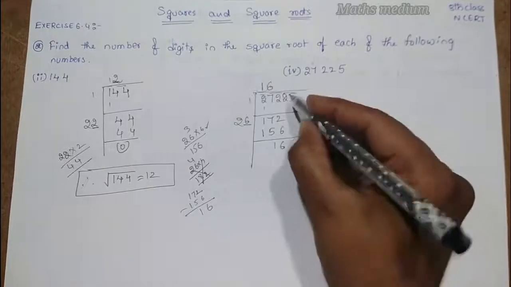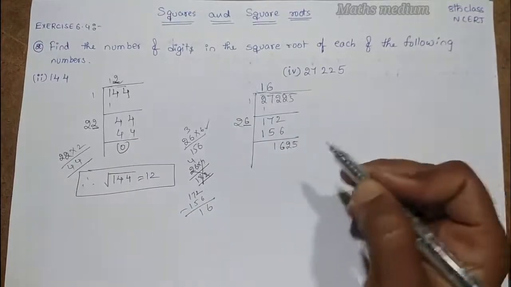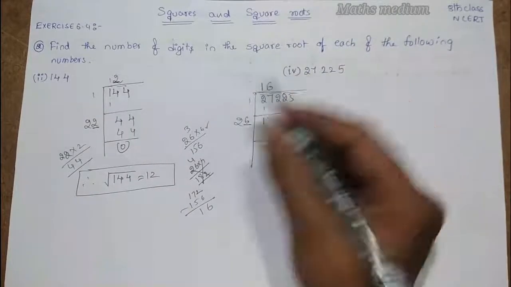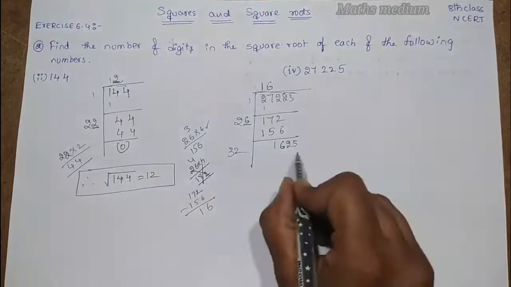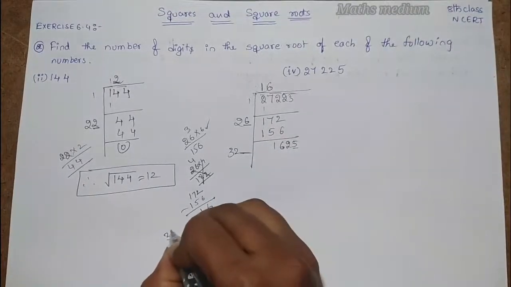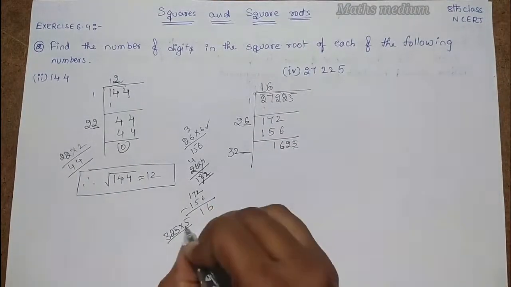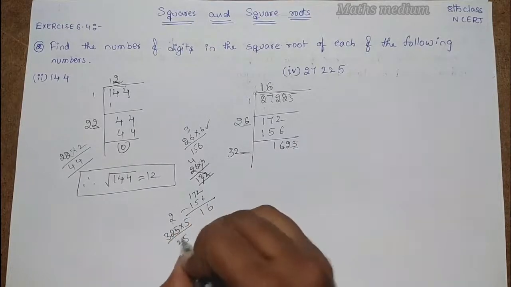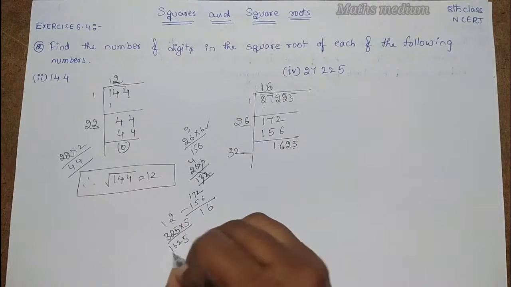Now use 16 here. 25 write it down as it is. Now double the coefficient again. 16 double means 32. Now here in ones place we have 5. So in order to get 5, 325 into 5. 5 5s are 25. 5 2s are 10, 11, 12. 5 3s are 15, 16, 1625.